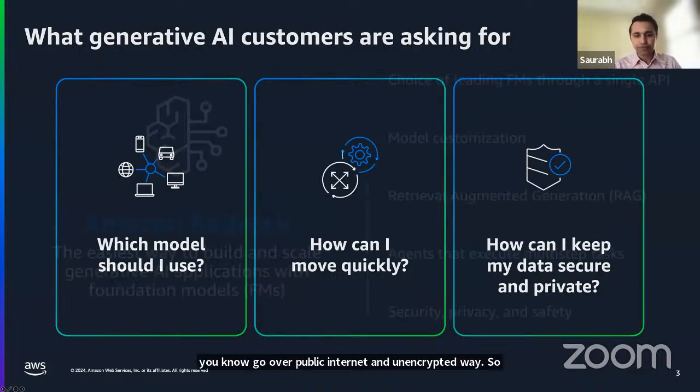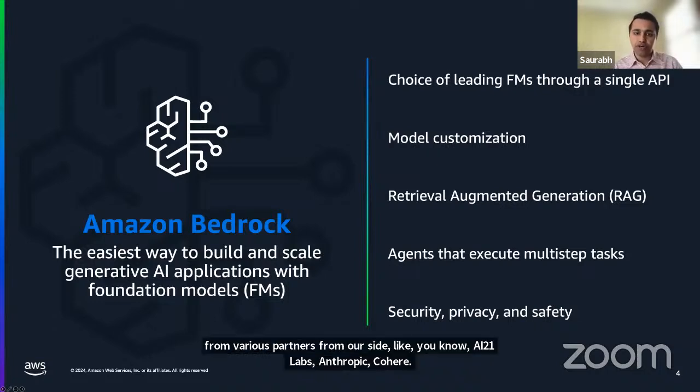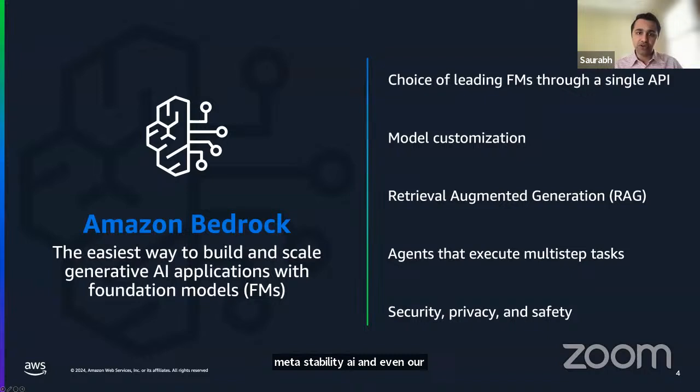Amazon Bedrock gives you a choice of different foundational models from various partners, like AI21 Labs, Anthropic, Cohere, Meta, Stability AI, and even our homegrown Titan models, all under a single API. So you don't have to change your API if you want to use different language models from different providers.